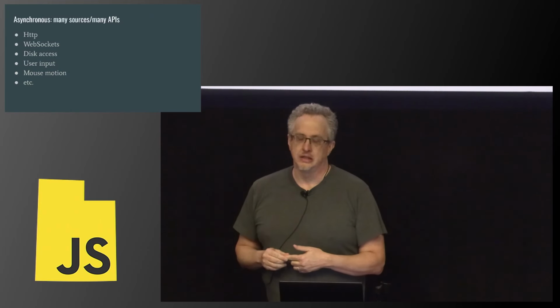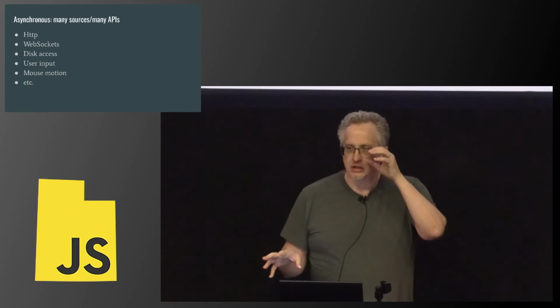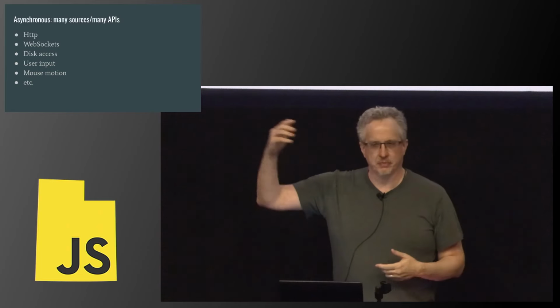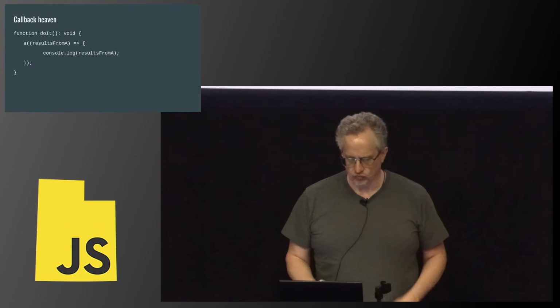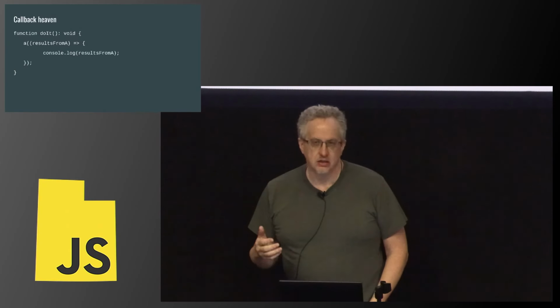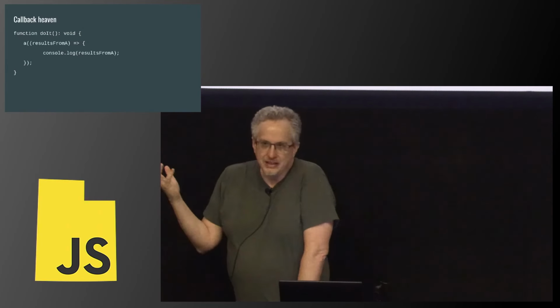These are all things that we have to respond to because they change, and we don't know when they're going to change. Initially, all of these had different APIs, which was difficult to deal with. This is how WebSockets work, but it's not how disk access works. What is the API we're going to need? Eventually, they all settled on callbacks. This is a sample of a really simple callback.